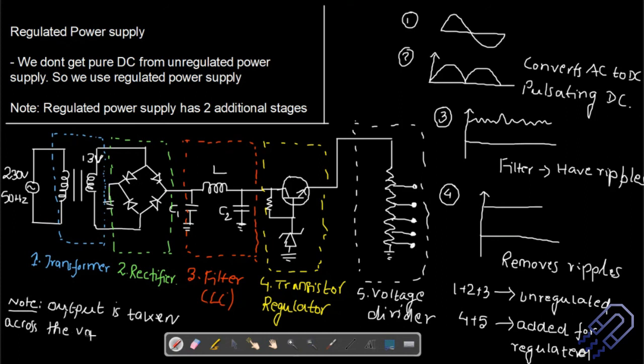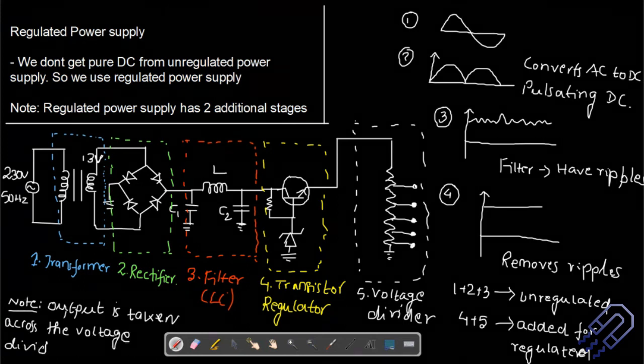If you consider the voltage divider, that is important to take the output, because whatever values you need, 5 volt, 10 volt, you can consider the output across this or across this and this, and more voltage across this and this for even more voltage and so on. So you can take the output across. This is all about a regulated power supply. What I'd like all of you to understand is to try to remember this circuit.